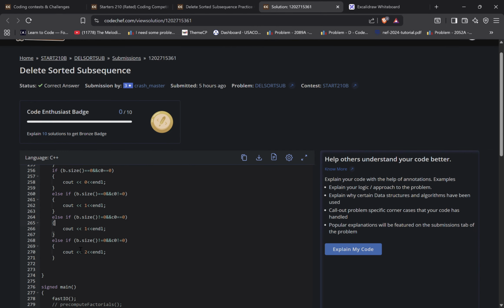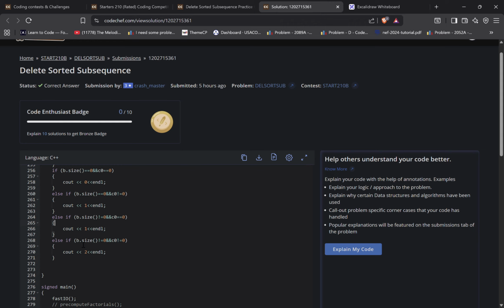If B's size is not equal to 0, all my unpaired ones will be concentrated in the very beginning, and since C of 0 is also not equal to 0, there are zeros remaining in the very end as well. Sorry, there are zeros remaining after everything is taken care of. What does that mean? The zeros are after the ones.